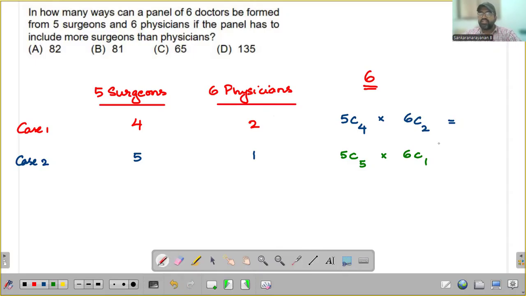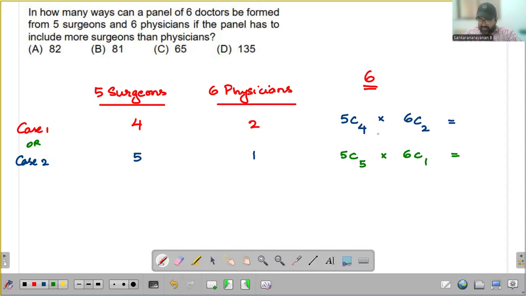So the number of ways 5 surgeons and 1 physician can be considered will be 5C5 into 6C1. 4 plus 2 adds up to 6. 5 plus 1 adds up to 6. So it may be case 1 or it may be case 2. Consider that logic that I have written there.